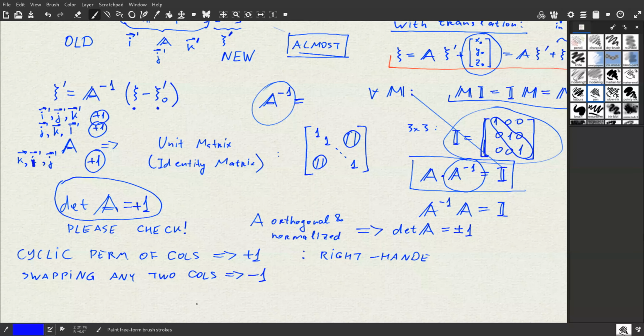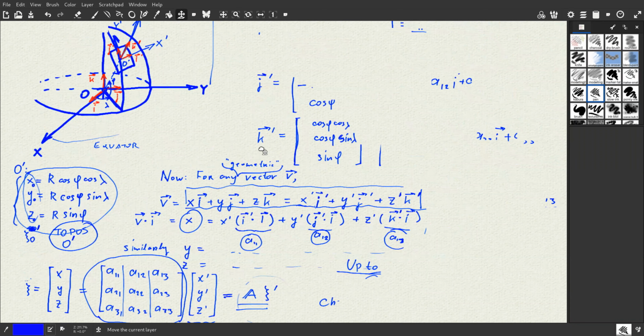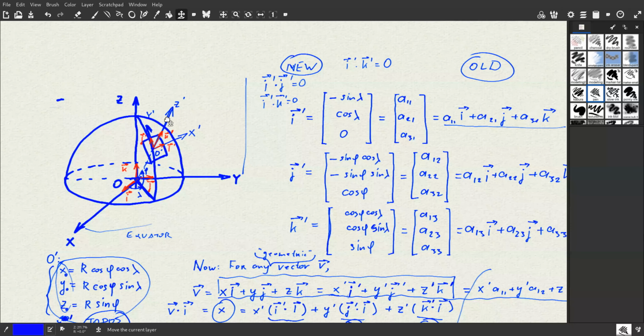Actually, if you perform a cyclic permutation of columns, what you only change is the point of view of how you are looking at your coordinate triple, I prime, J prime, K prime. So for example, we said looking from the top of the vector K prime, we need to have rotation from I prime to J prime being counterclockwise.